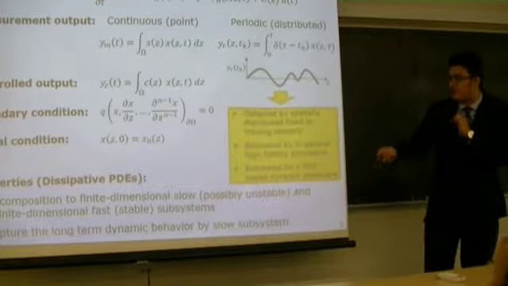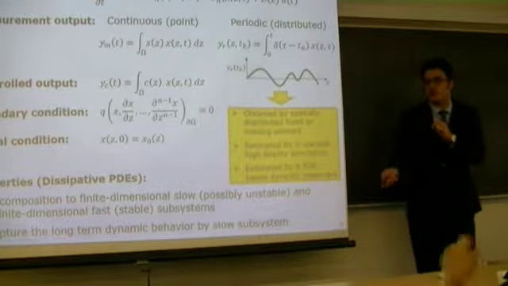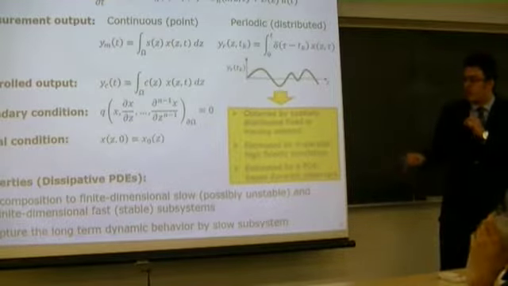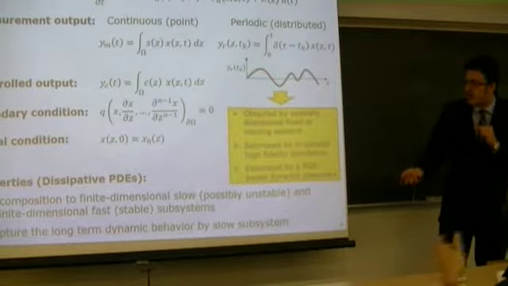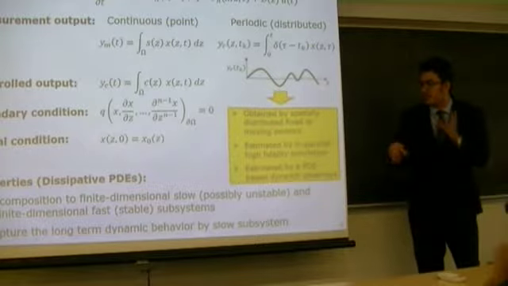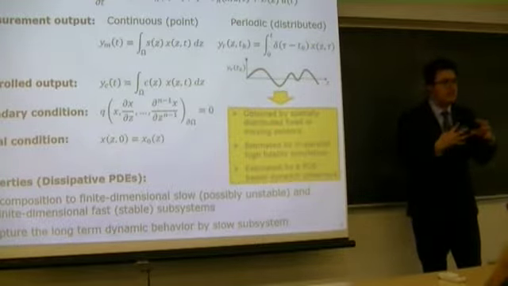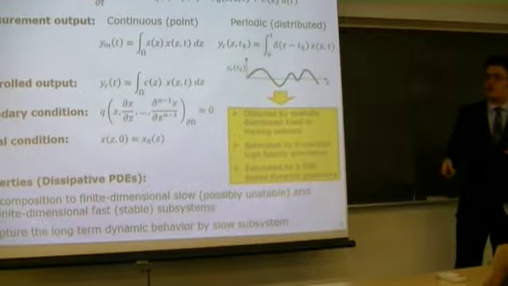And we could use the slow and possibly unstable subsystem as the basis for controller design. Since in all of those cases there is a major separation, we could capture the long-term dynamic behavior of the slow subsystem, and it could represent the complete dynamic behavior of the original partial differential equation.